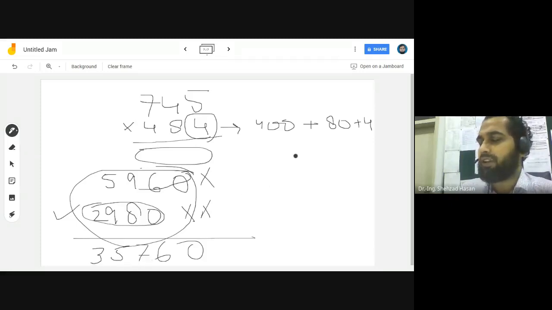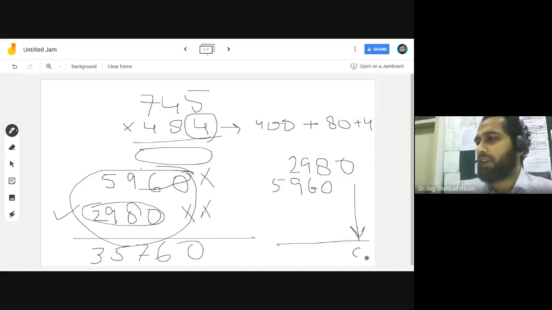Now if I do it like this, 2980, which was 4 multiplied by 745, and I add 5960 to it, I would know that this 0 is part of my final answer. So I don't have to take that into consideration. I just need to add these together.